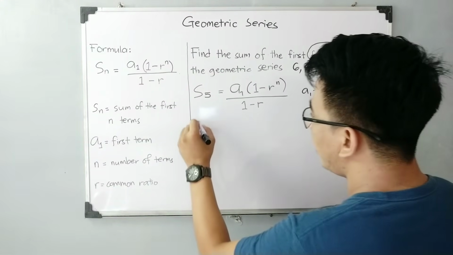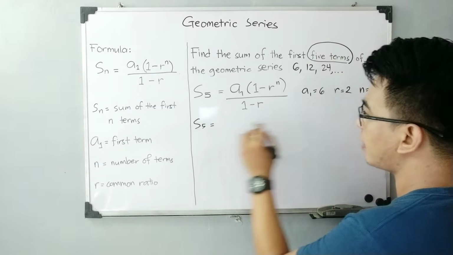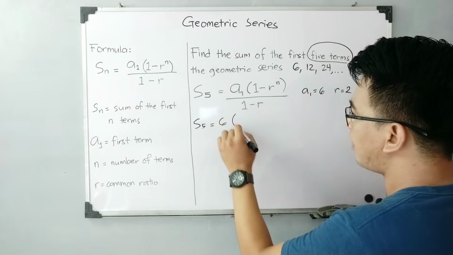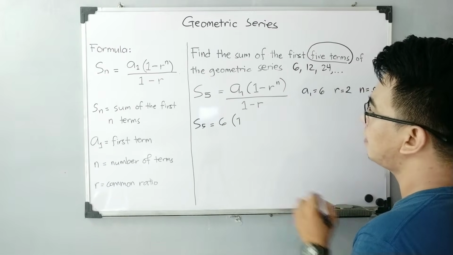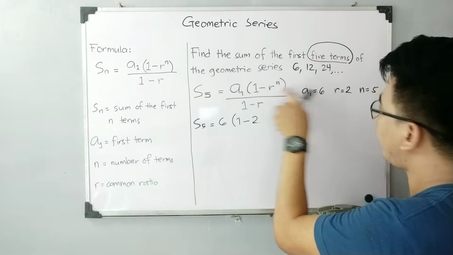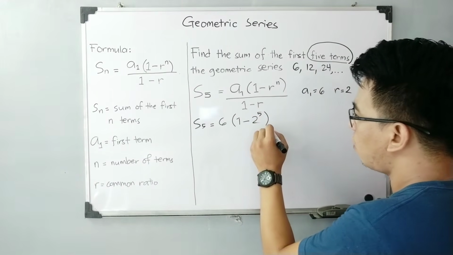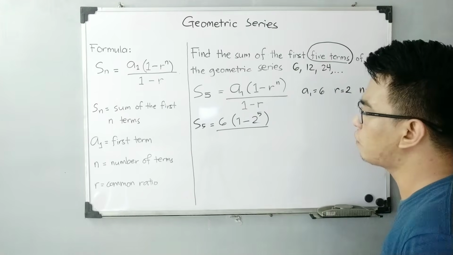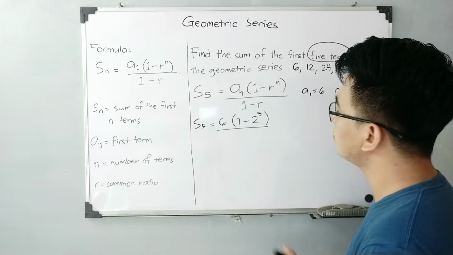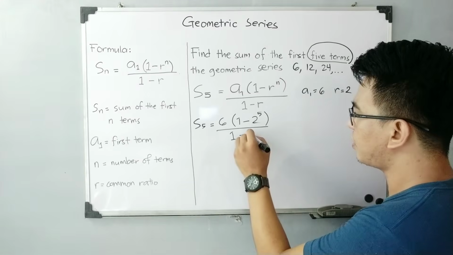So let's try. S sub 5 is equal to a sub 1, which is 6, your first term, times 1 minus your r, which is 2, and then your n is equal to 5, that is 2 raised to 5, over, again, over 1 minus your r, which is 2.